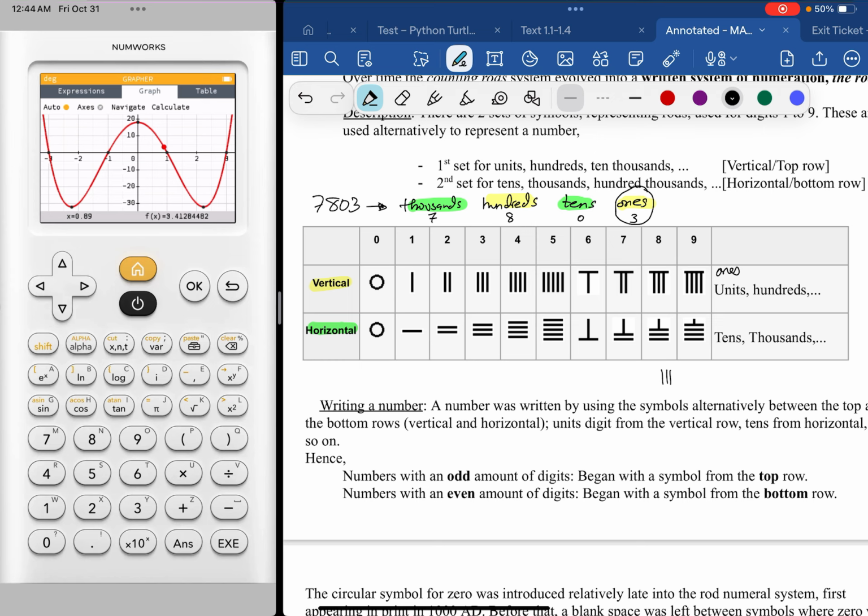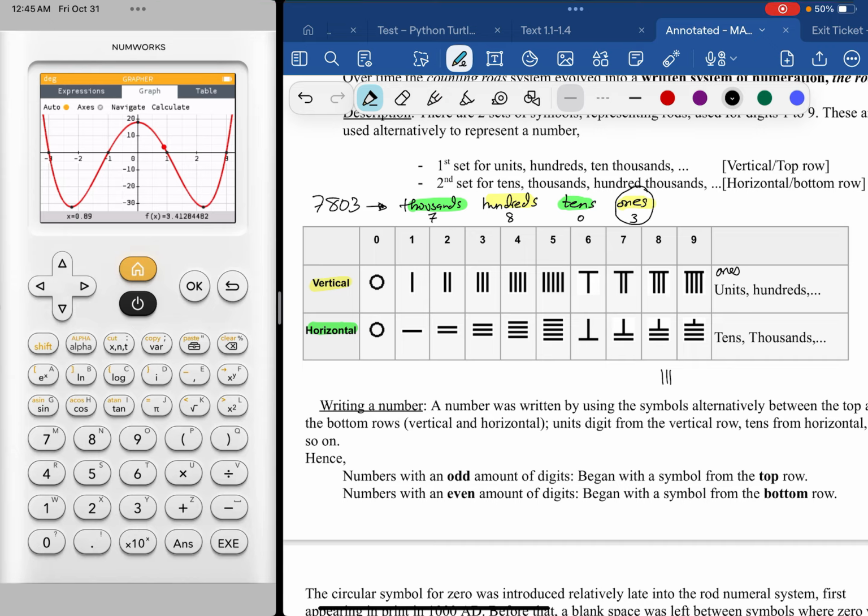Right? The old movies where the person's stuck in prison and they're counting the days. They scrape little tally marks on the wall. That would be the case of, in this case, the ones position. So up to 5 is where we'd have just those vertical tally marks, right? So that accounts for that first number.